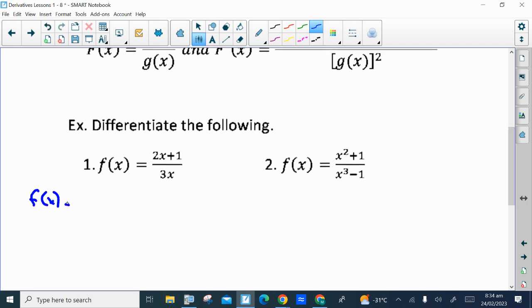So this is what it would look like. You'd have 2x over 3x plus 1 over 3x. So that would leave us with 2 over 3 plus, and then what we would normally do is make the 1 over 3x all to the power negative 1. That's what you would do.